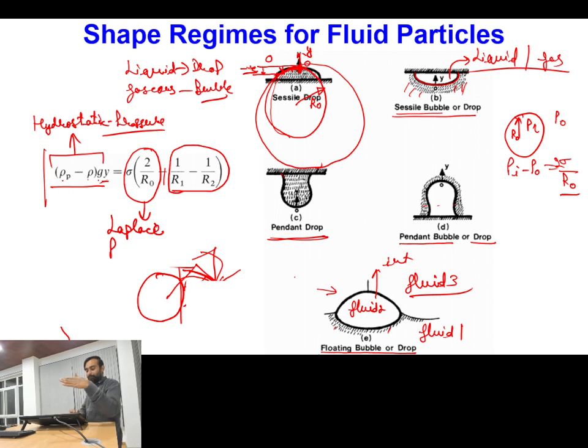Once y becomes negative, the left hand side will become negative, because the drop's density is larger in comparison to the density of the surrounding phase. So rho p minus rho is a positive quantity, and y is negative, so the left hand side is negative.